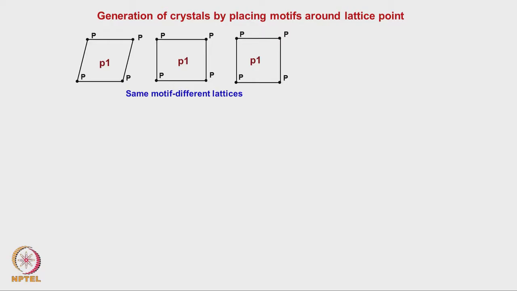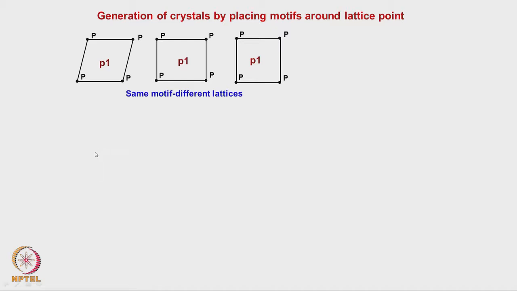Here what I have considered is a different type of two-dimensional lattice, and put a motif around it. This is a parallelogram, an oblique lattice, and what is the symmetry associated with it? It has 2-fold symmetry associated with this lattice, correct?